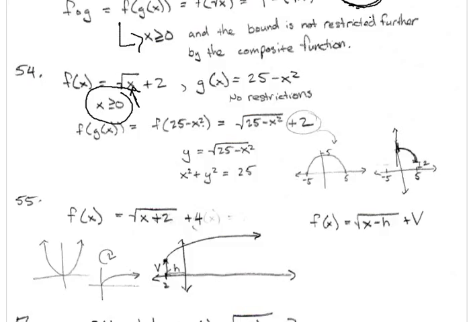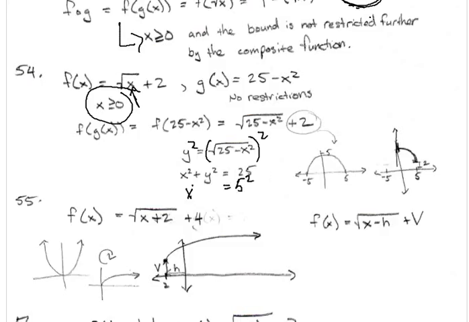Okay, so we notice here that we have a square root of 25 minus x squared. If we disregarded this plus 2 here, and we had y equals the square root of 25 minus x squared, if we square both sides, and then add x squared onto the left-hand side of the expression, we have x squared plus y squared equals 25, which is the same thing as 5 squared, right?